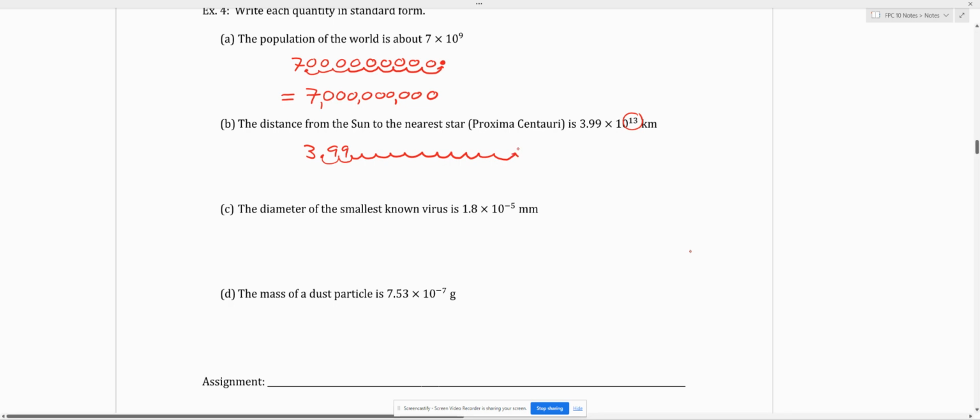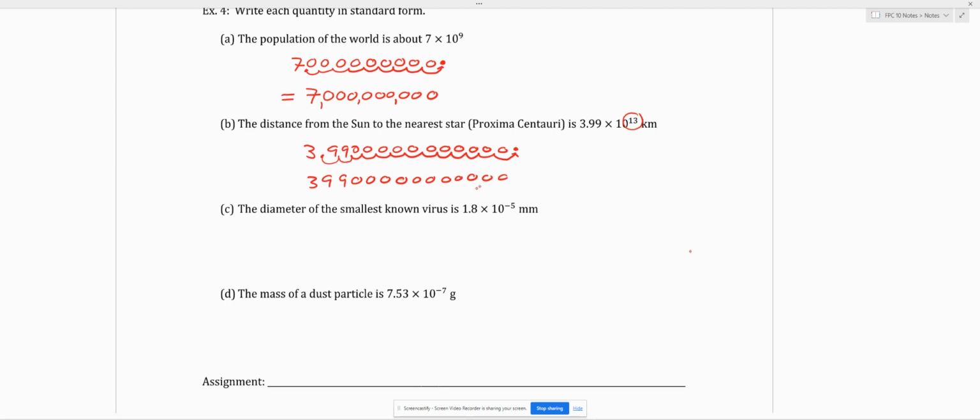So I've gone all the way over here. Here's my new decimal. Fill in all my missing zeros in my wave. And this number is huge. And now that's my work. Let's rewrite it. So 3990000 0000000. So careful writing them down.